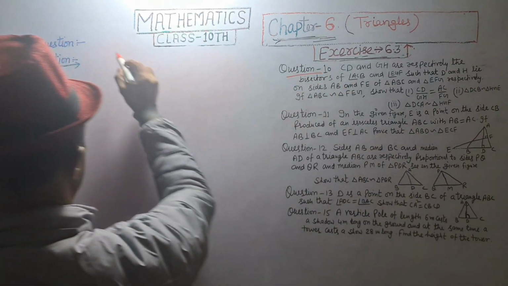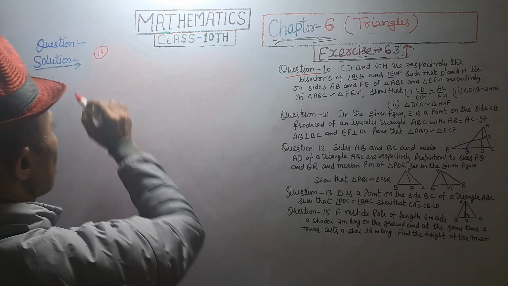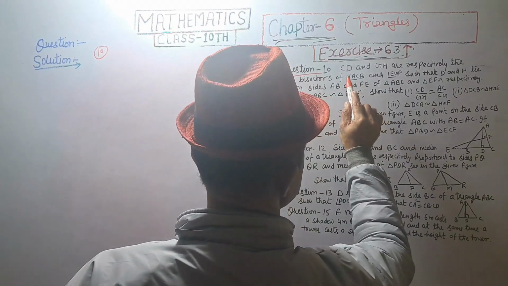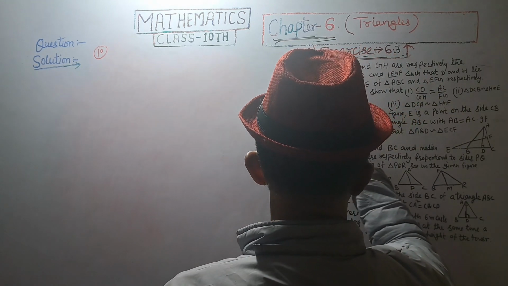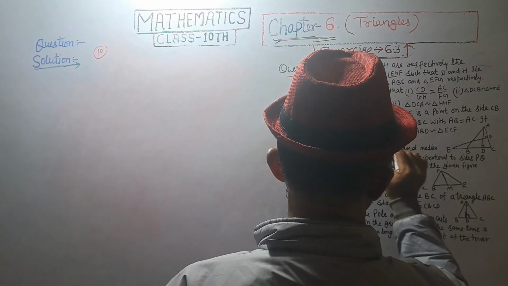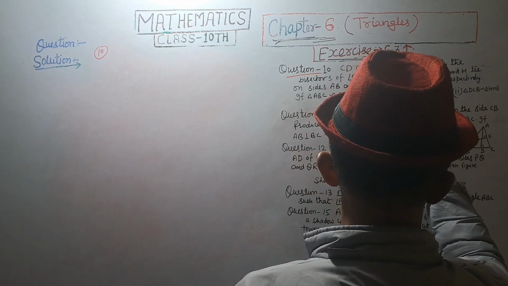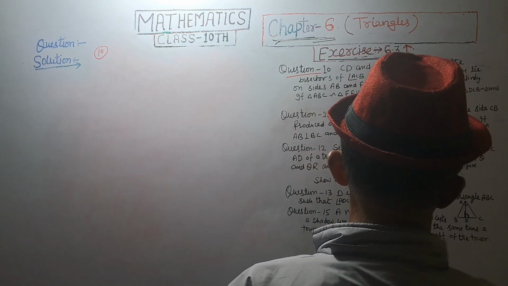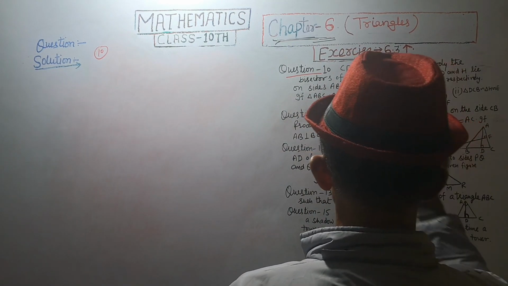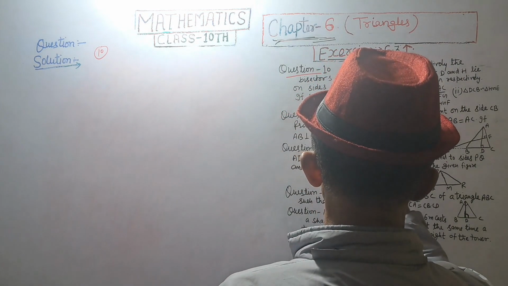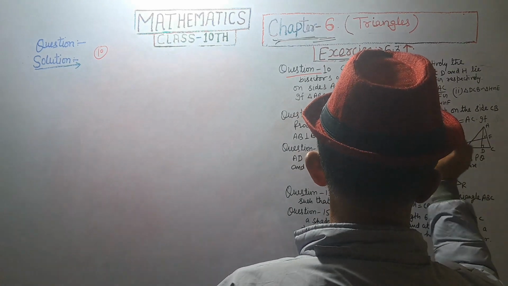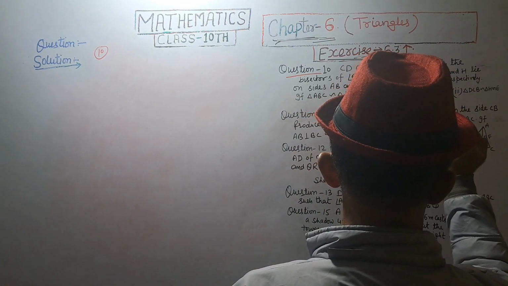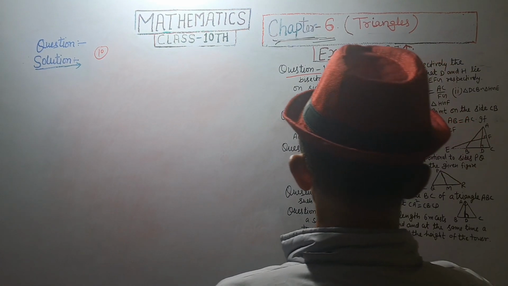Question number 10. CD and GH are respectively the bisectors of angle ACB and angle EGF such that D and H lie on sides AB and FE of triangle ABC and triangle EFG respectively.